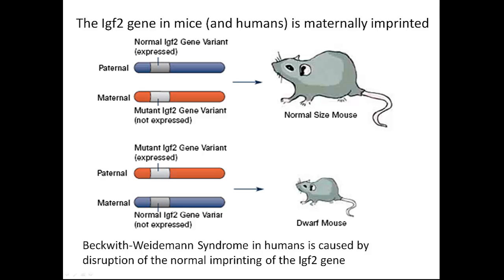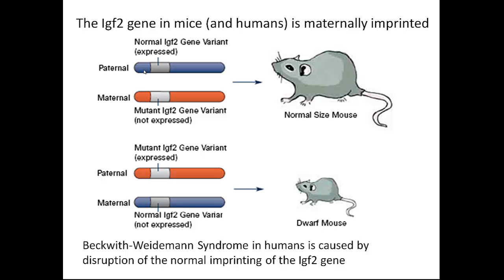If you inherit a mutant version of the IGF-2 gene from your mother, it doesn't matter at all because the copy that you get from your mother is normally silenced, and so you still have that one good copy that's being expressed from the copy you got from your dad, and that is enough to make a normal phenotype.